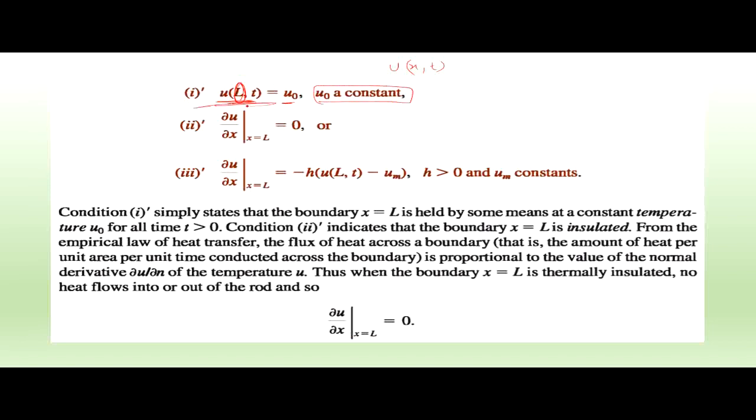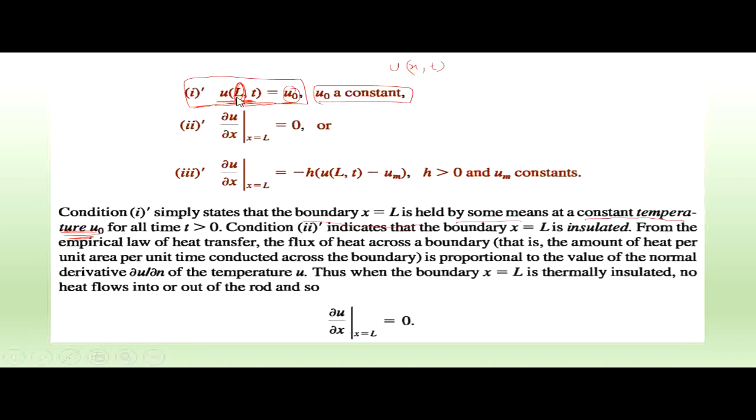So this statement means that the temperature at the right end of the rod is constant. This is for temperature problems. Condition 1 simply states that the boundary at x equal to L is held by some means at constant temperature mu 0.